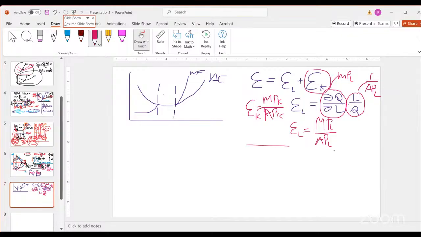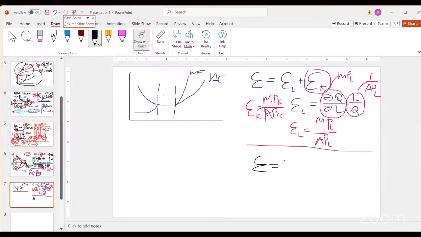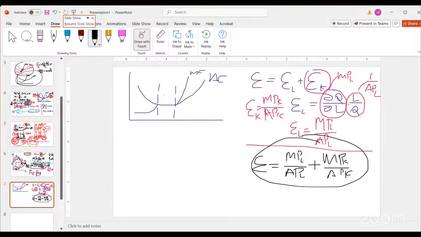Which means the total output elasticity is marginal product of labor divided by average product of labor plus marginal product of capital divided by the average product of capital. I think now you can understand.